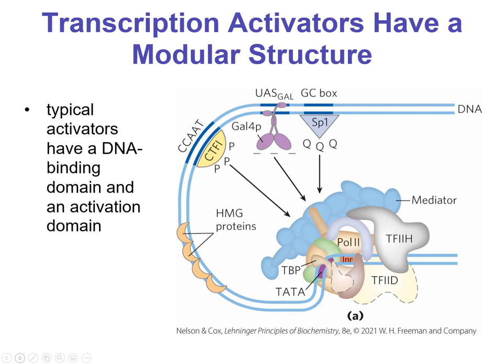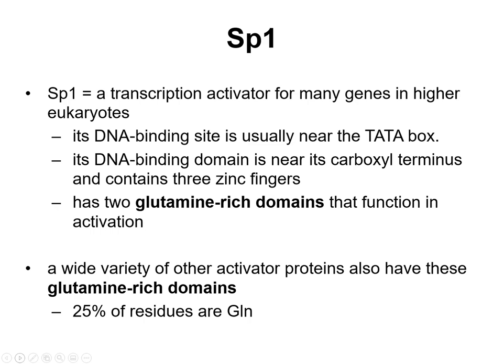There are several other activators that yeast have, and we'll talk about two of them, SP1 and CTF1. So SP1 is a transcription factor for lots of genes in higher eukaryotes. Usually binds near the TATA box, and the DNA binding domain is near the C terminus, and it's got 3 zinc fingers.